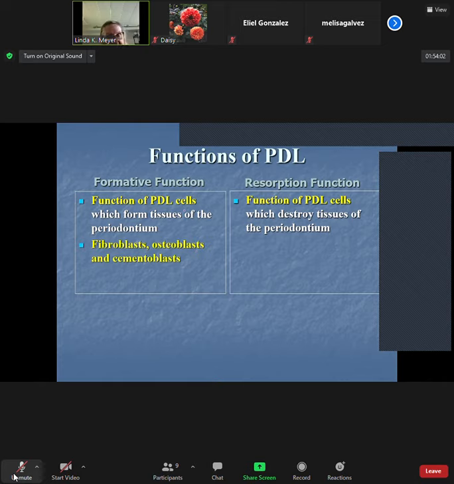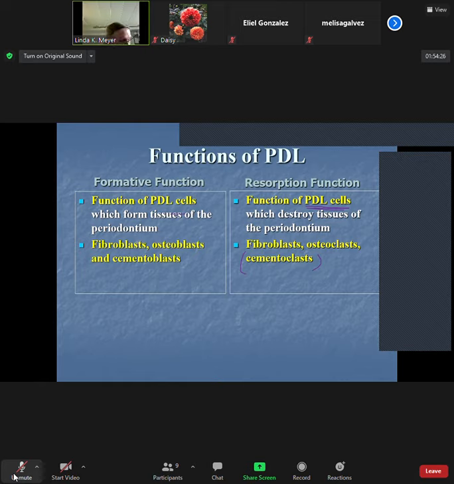So already listed there are fibroblasts, cementoblasts, and osteoblasts, and listed under resorptive are fibroblasts, osteoclasts, and cementoclasts. So the formative or resorptive functions relate to specific PDL cells.